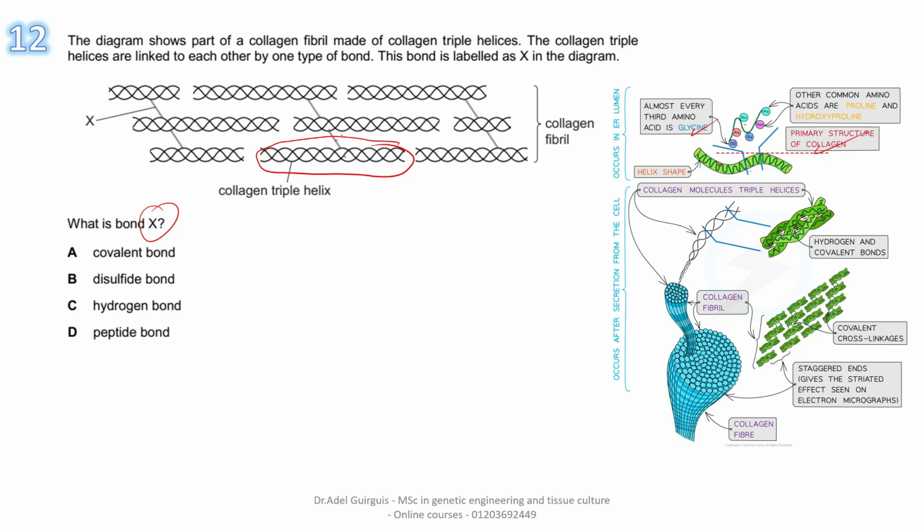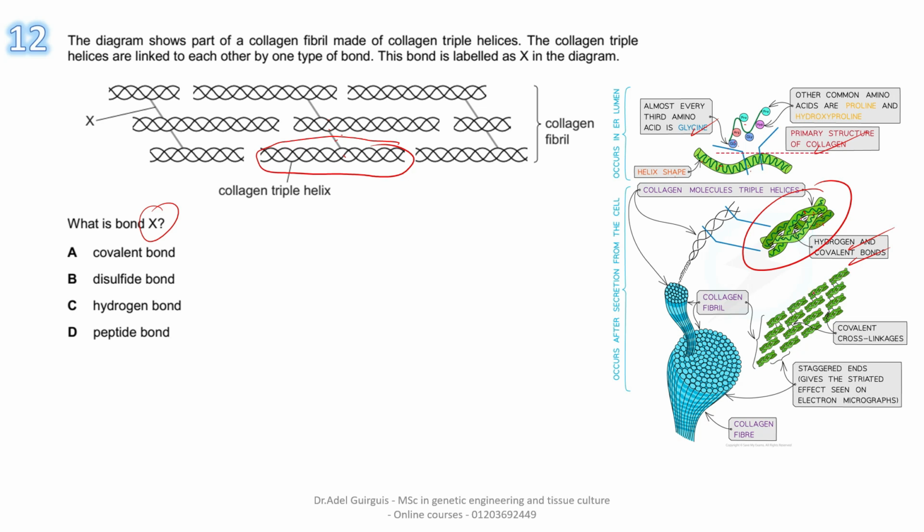Three of these molecules bind together to form a triple helix. What is meant by double helix? Double helix is like DNA, formed from nucleotides, not from amino acids. Here, it is formed from a sequence of amino acids. These helixes are joined by hydrogen bonds and covalent bonds.